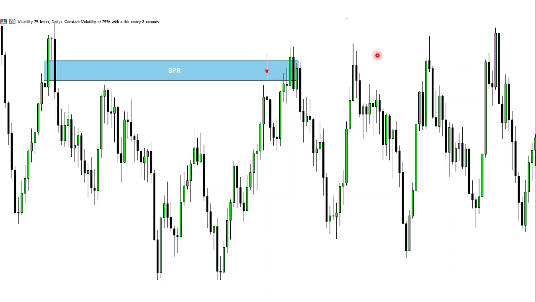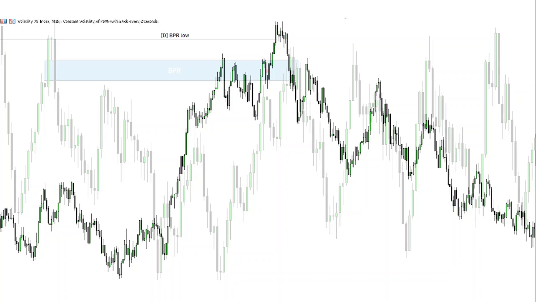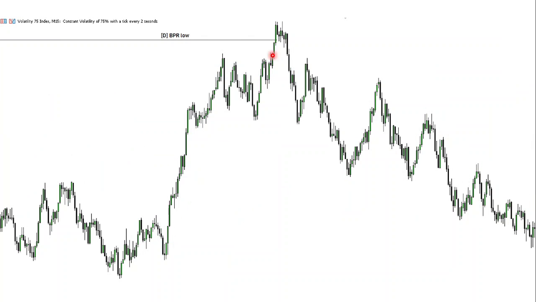For this first example, we have a balanced price range. We're going to look at the first time that we tapped into it, though price did not sell for a long time, a few days, like 3 days. So price taps into the balanced price range, and below that price range, you can see the displacement.